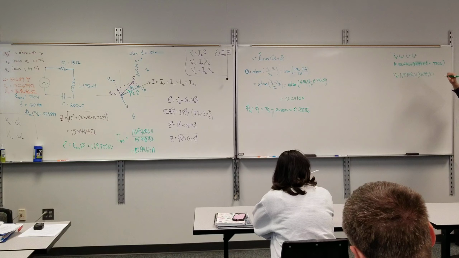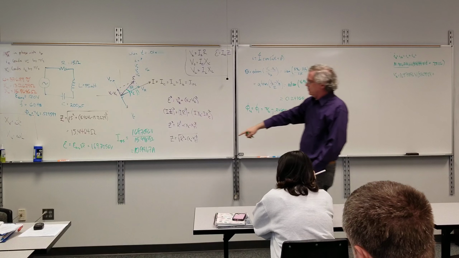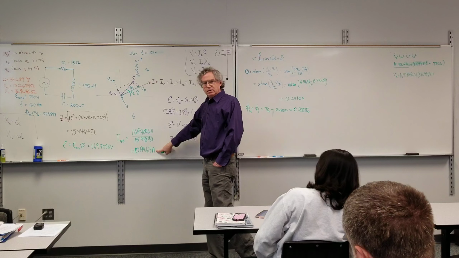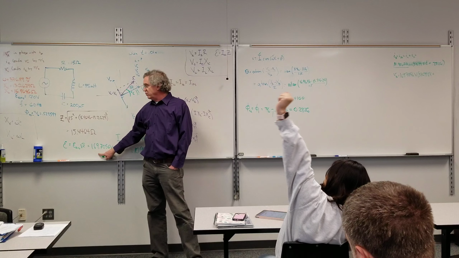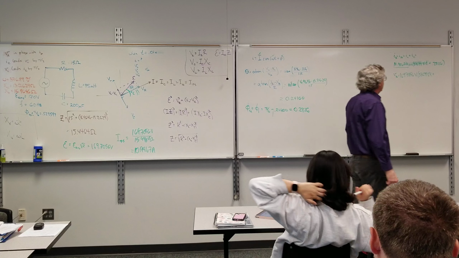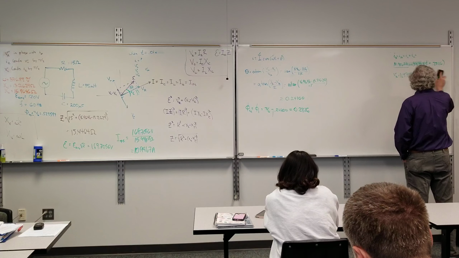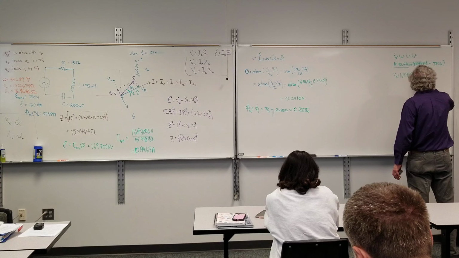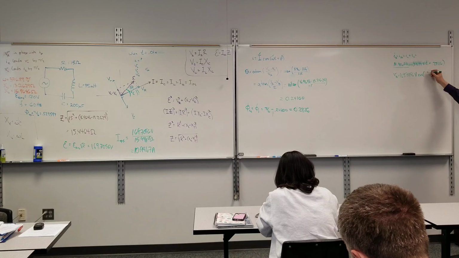That's the amplitude of the voltage for the power supply, and the 10.9867 is the amplitude of current.